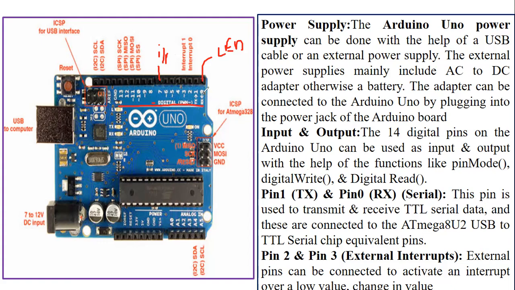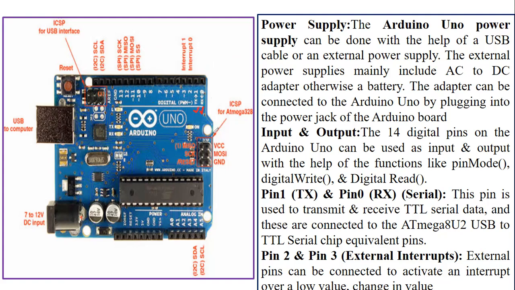Now, at pin number 0 and pin number 1, TX and RX are written. At pin number 0, RX is written, and at pin number 1, TX is written.